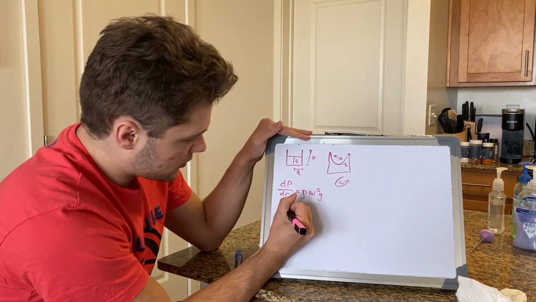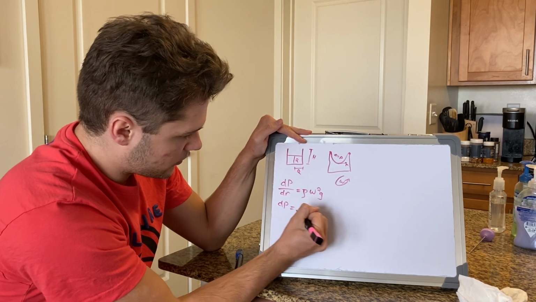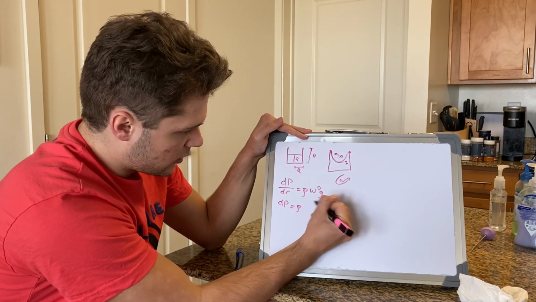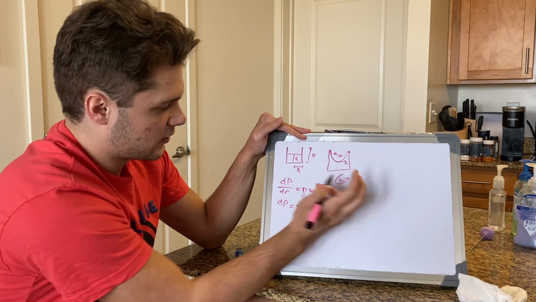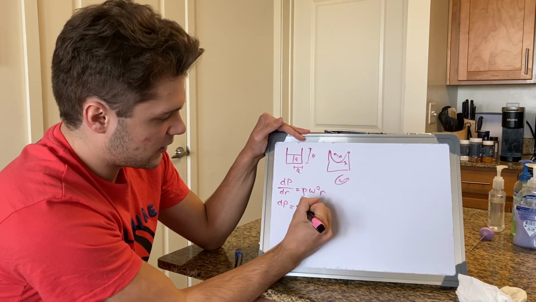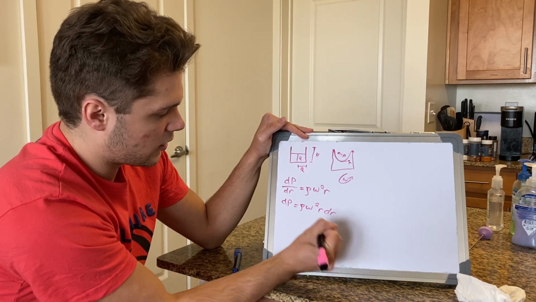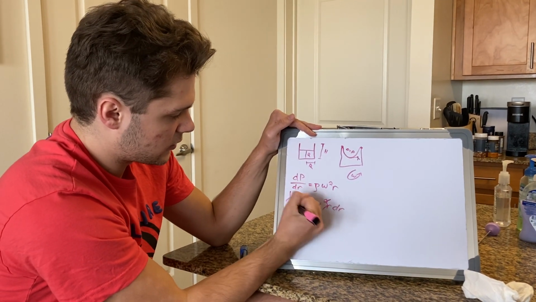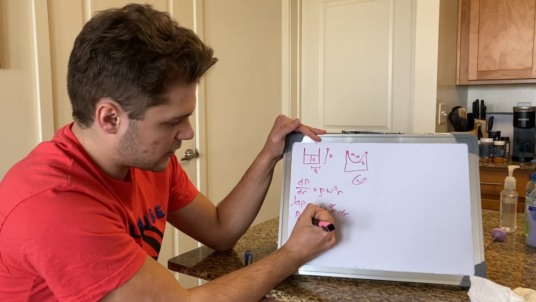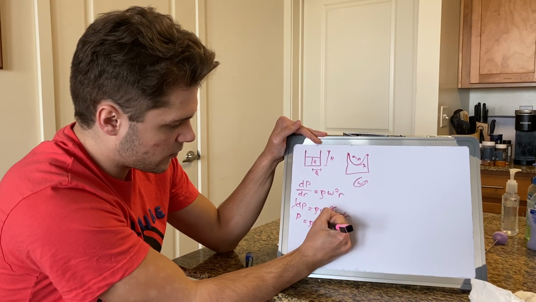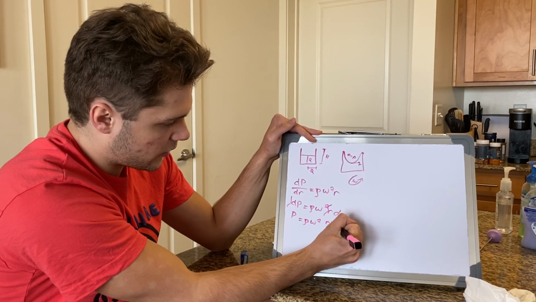So rearranging this, we get our change in pressure is going to be equal to density times omega squared r dr. Take the integral of those and we get our pressure is equal to density times omega squared r squared over 2.